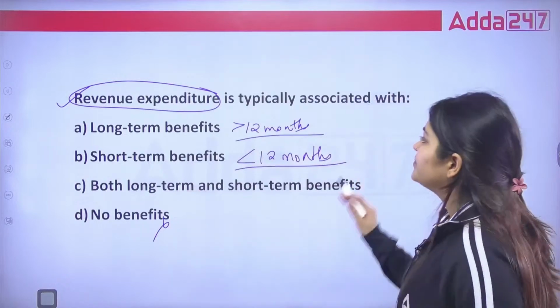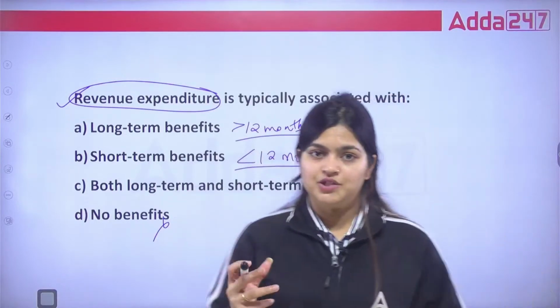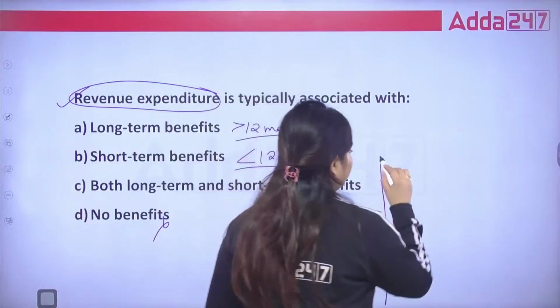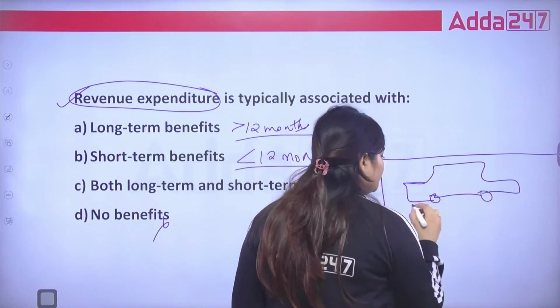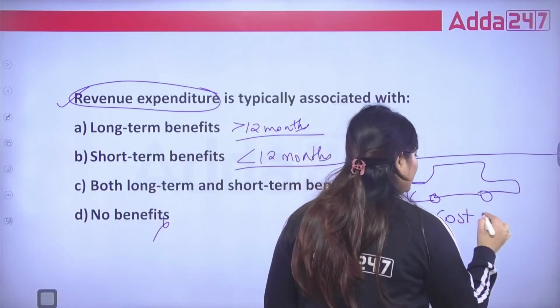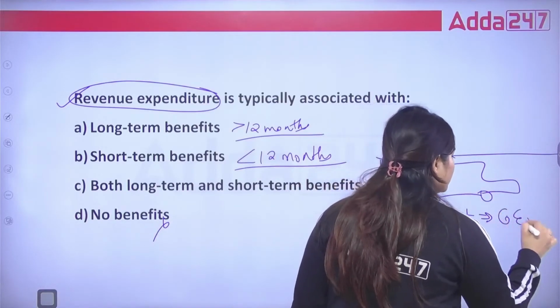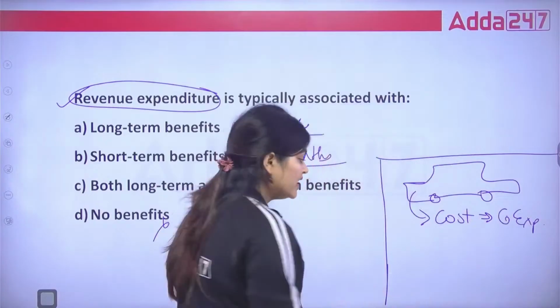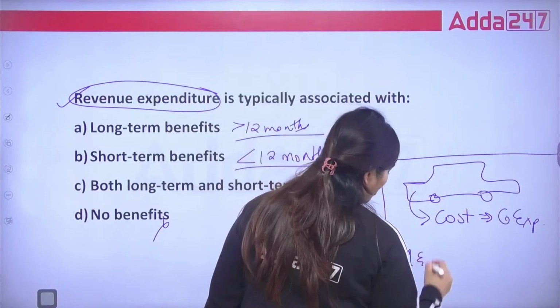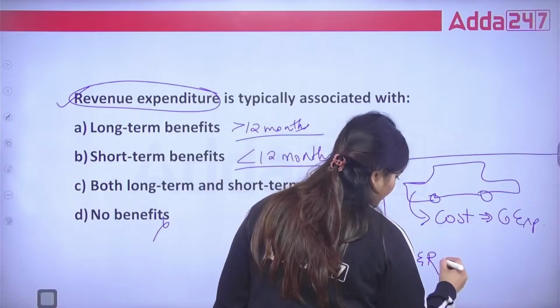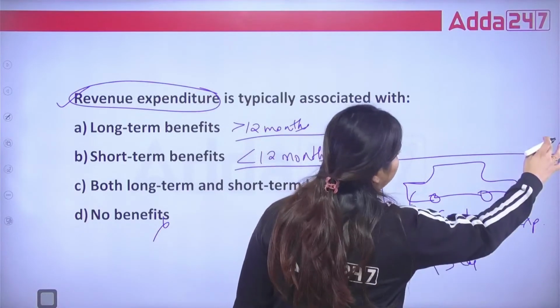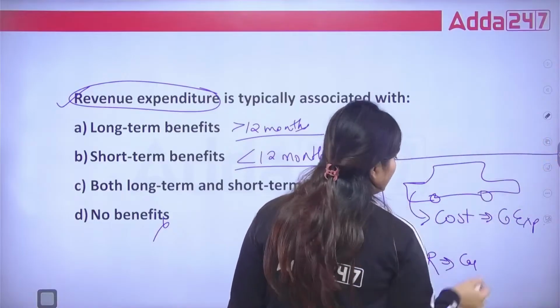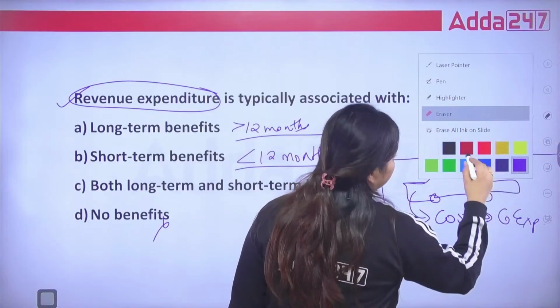But remember, when you talk about revenue expenditure, just remember the example which I have taken. I purchased this vehicle. So the cost that I paid, that is my capital expenditure. Whereas for maintenance and for repairing, whatever I'm paying, that is going to be my revenue expenditure. Because daily I have to incur this.